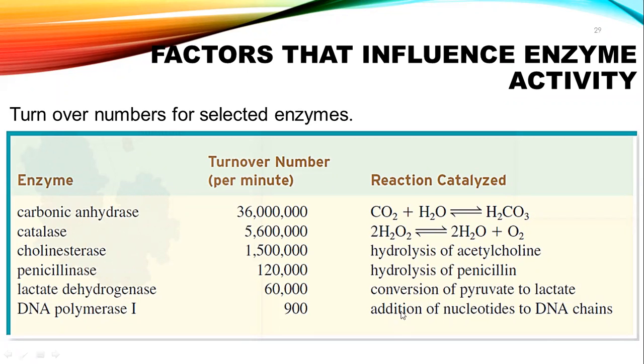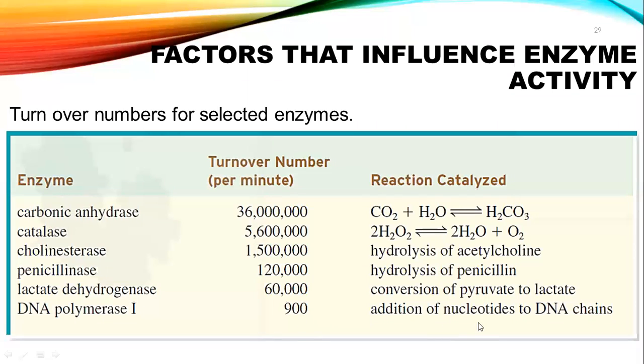So for example, the reaction involving the addition of nucleotides to DNA. We haven't reached nucleic acids yet, but this one is where your genetic information is contained, the DNA. And if you want to have a sequence of DNA molecules and use DNA polymerase, it actually has a turnover number of 900.